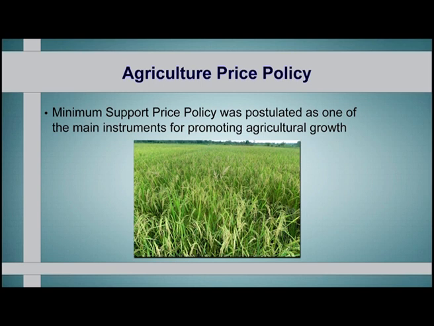It was thought that because of the inadequate marketing facilities and attitude of traders countrywide, the farmers would not be able to obtain reasonable prices for their produce, even if produce is produced at the most efficient level. Thus, a minimum support price policy was postulated as one of the main instruments for promoting agriculture growth.